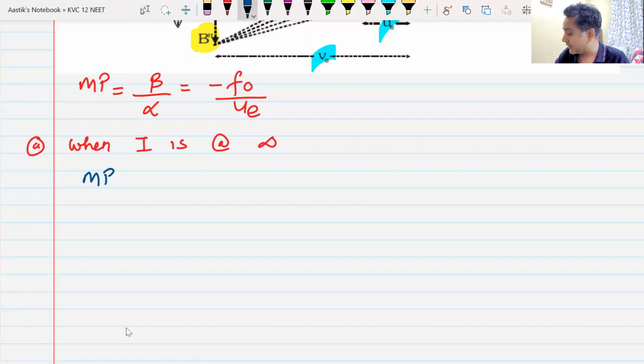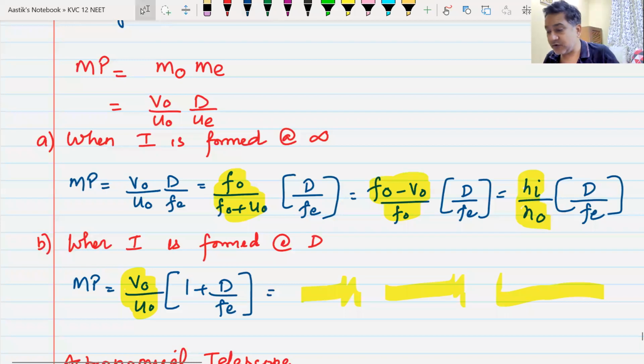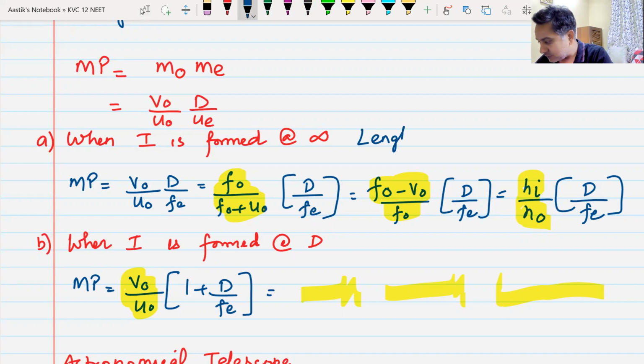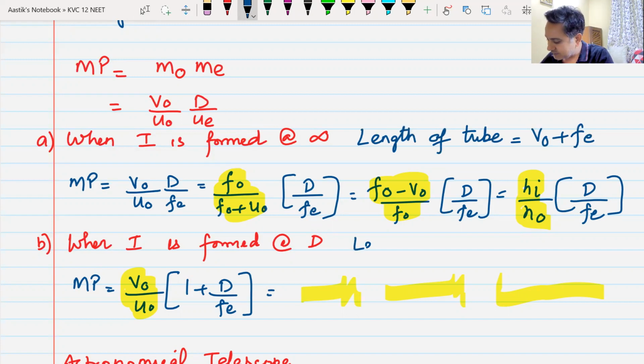Here in the compound microscope, we have written the two formulae: image is formed at infinity and image is formed at D. We have not written the length of the tube. The length of the tube in the first case will be equal to V naught plus Fe, and in the second case the length of the tube will be V naught plus Ue in terms of absolute values.